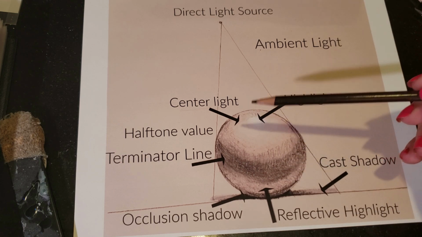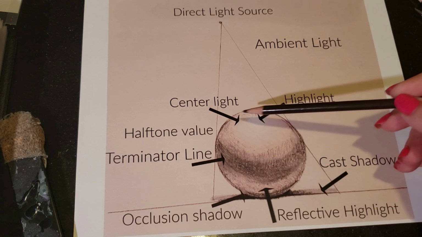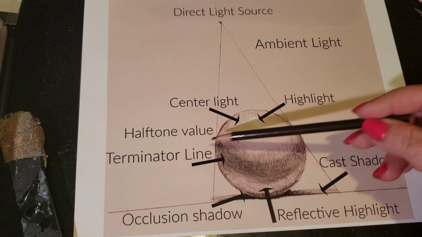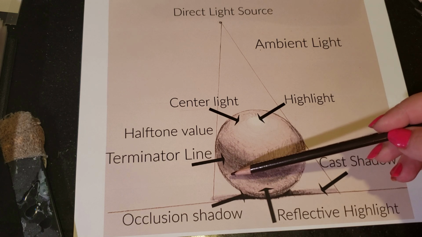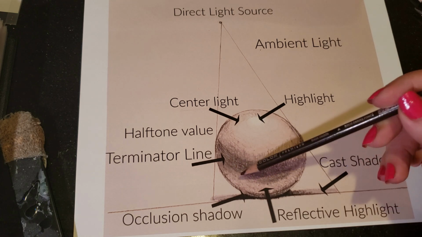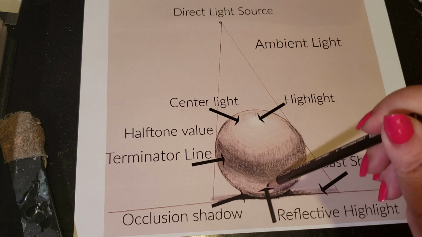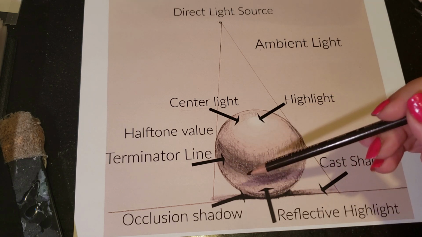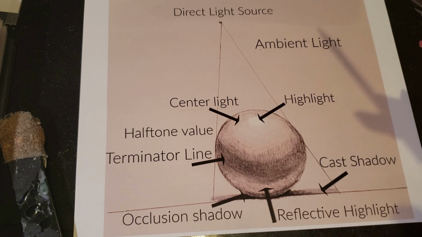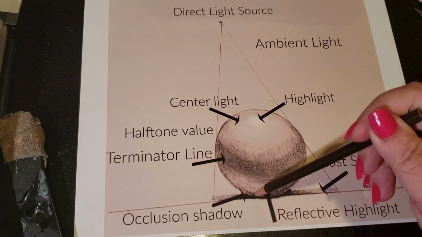So you have your center light, your halftones, until it gets to be the terminator line, plunges into the darkness, kind of like 2020, and goes into your reflective shadow until you get to the point where the object smashes into the earth or whatever it's sitting on.